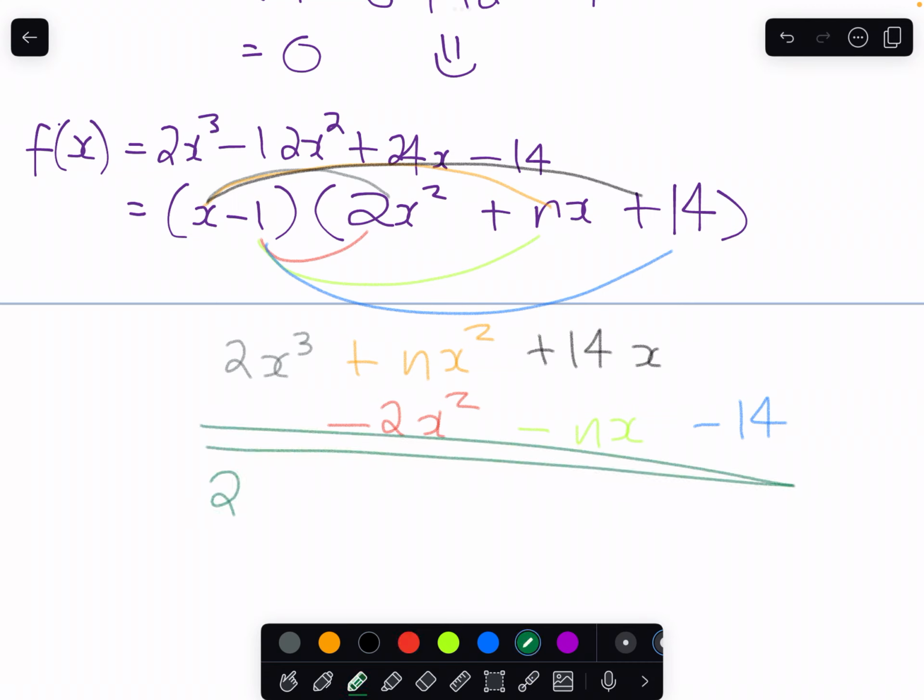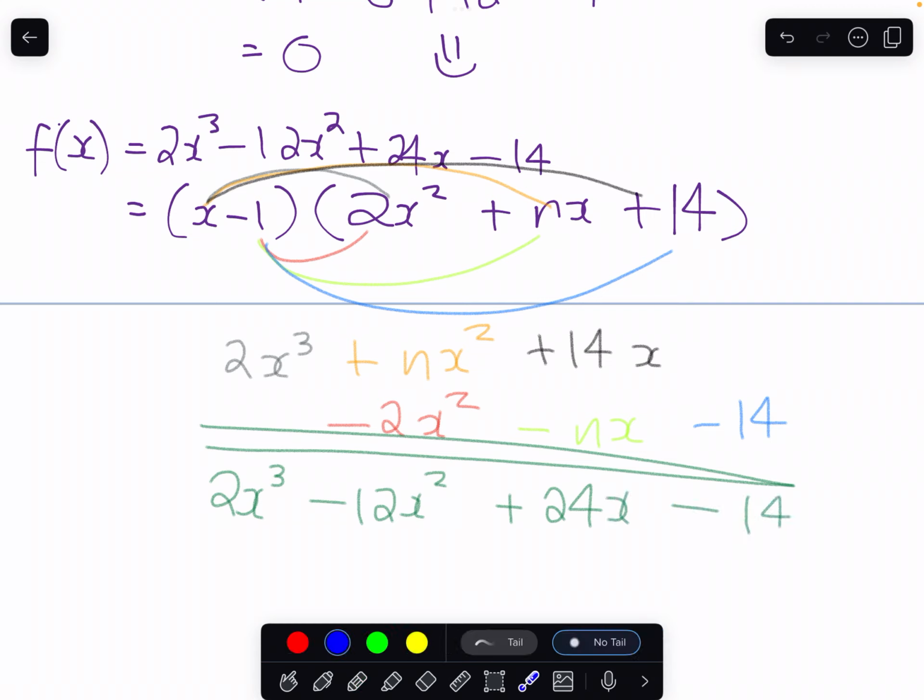But what we do know is that we're meant to end up with 2x cubed minus 12x squared plus 24x minus 14. So 14 minus something needs to give me 24. So this needs to be a plus 10x, which means n has to be minus 10.